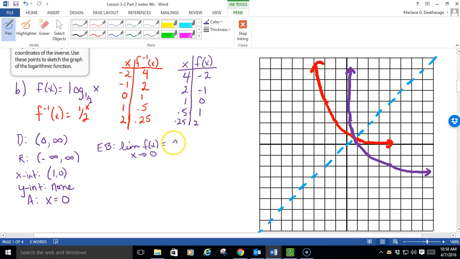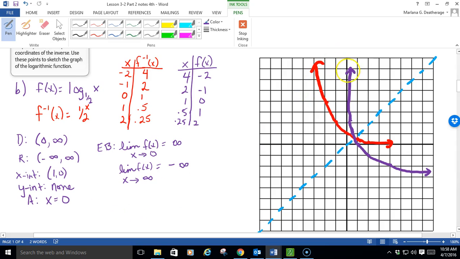Forever, so it's approaching infinity. Now on the right, the x is going forever and ever. So the limit of f of x as x approaches infinity: what is the y value doing as we move to the right? Getting higher, getting lower, approaching a number? Getting lower, so it's approaching negative infinity.